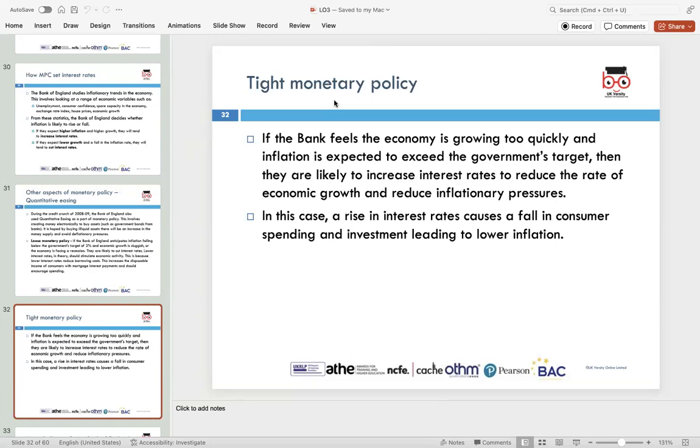So, in this scenario, an increase in interest rates leads to decreased consumer spending as well as investment, which ultimately results in a reduction in inflation, or lower inflation.